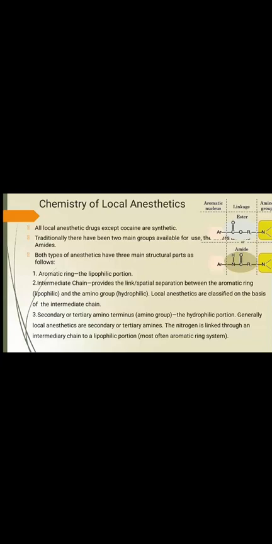Third part in the structure is the amino group. Primary, secondary or tertiary groups can be involved as a hydrophilic portion, but among all these the tertiary amino group is preferred and more stable. Generally local anesthetics are secondary or tertiary amines, for the reason that the nitrogen is linked through an intermediary chain to a lipophilic portion.